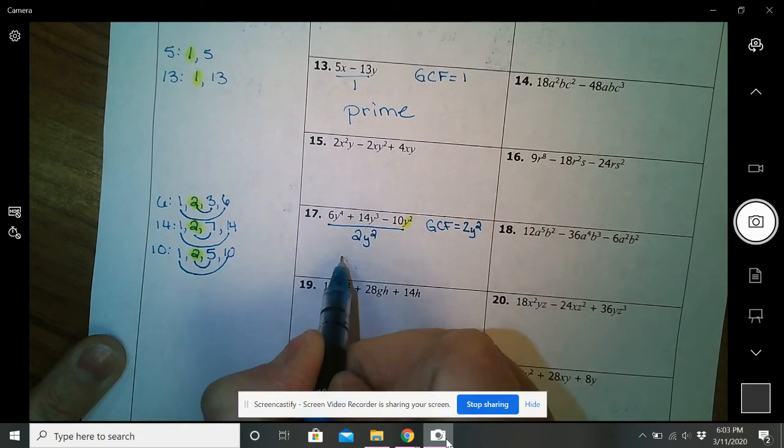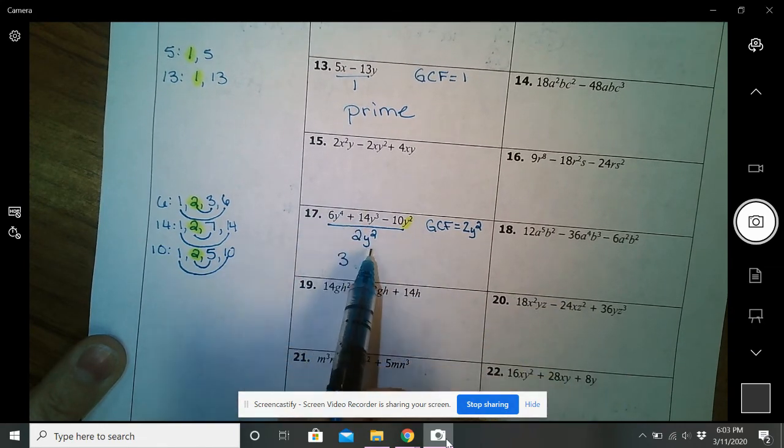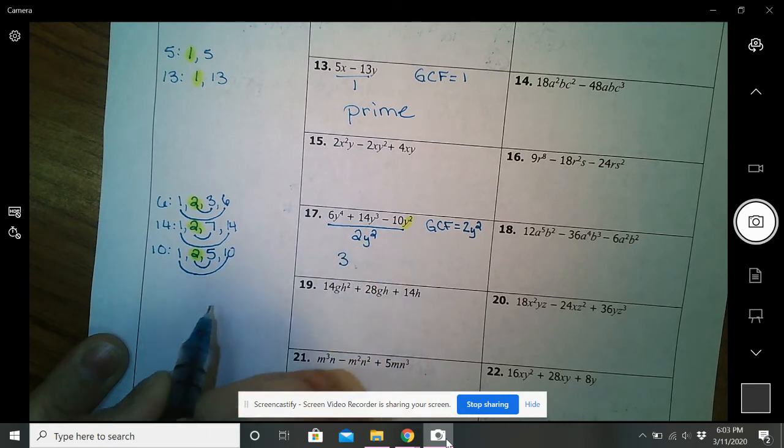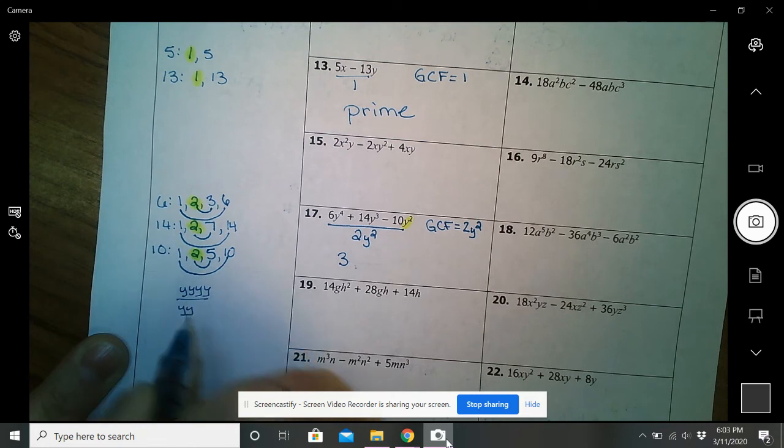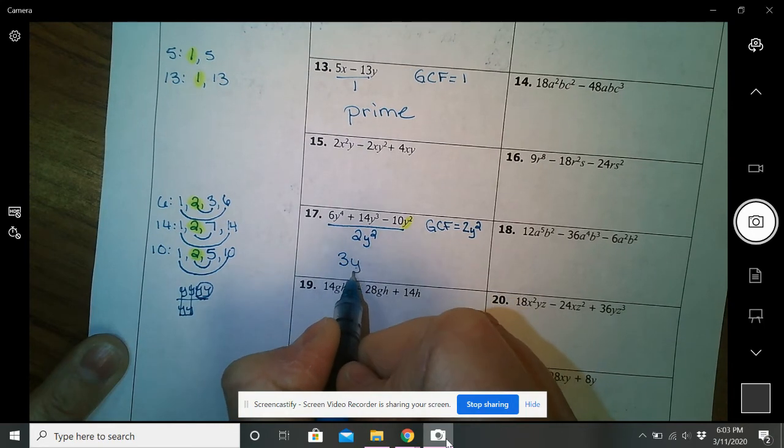6 divided by 2 is 3. If I divide out 2 y's, watch what happens. Y to the fourth over y squared. 2 of the y's cancel out, and 2 of the y's remain for a y squared.